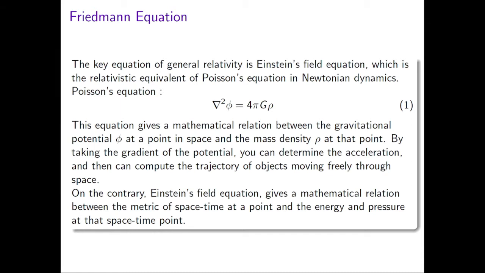By taking the gradient of the gravitational potential, we can determine the acceleration, and using that we can determine the trajectory of objects moving freely through space. This is the way using Newtonian dynamics. On the other hand, Einstein's field equation gives a mathematical relation between the metric of space-time at a point and the energy and pressure at that specific space-time point. That is the difference between the two concepts.